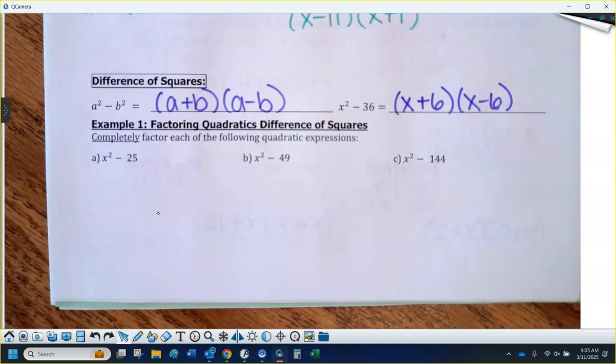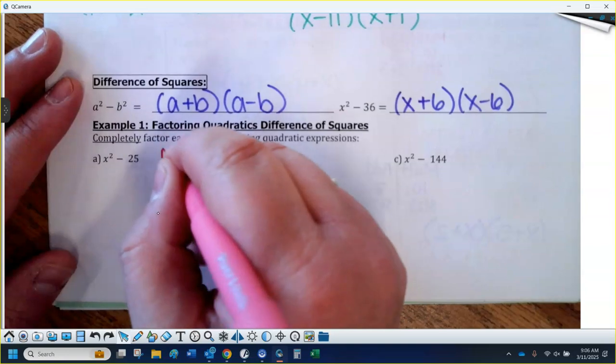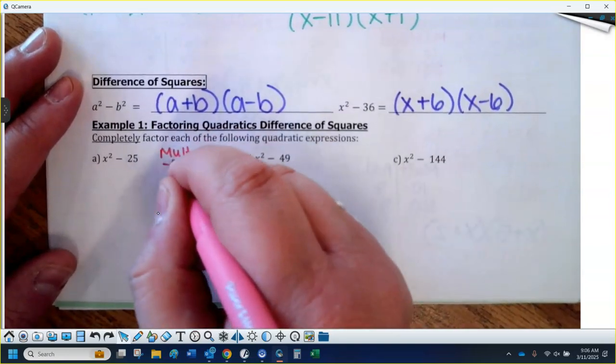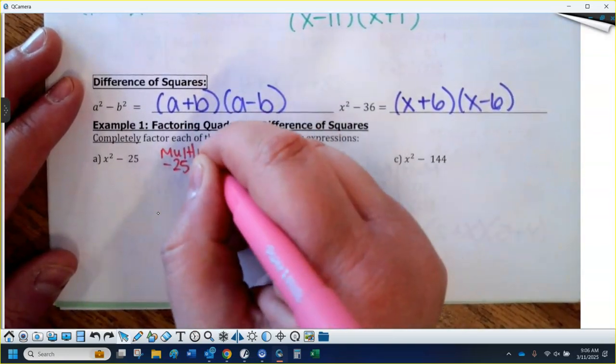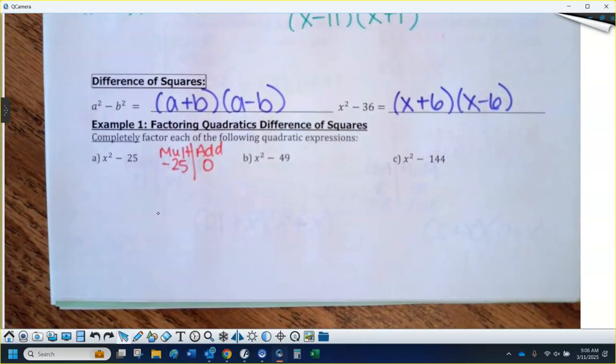Now, the other way you can think about it, if you want to think about how we've been doing it, multiply AC, add to B, right? This one would be multiply to get negative 25, but since I don't have a B value, it would be add to get 0. Can you think of two numbers that multiply to negative 25, but add to 0?